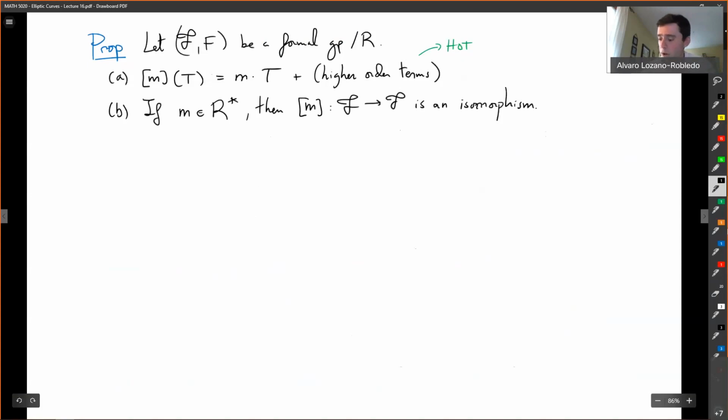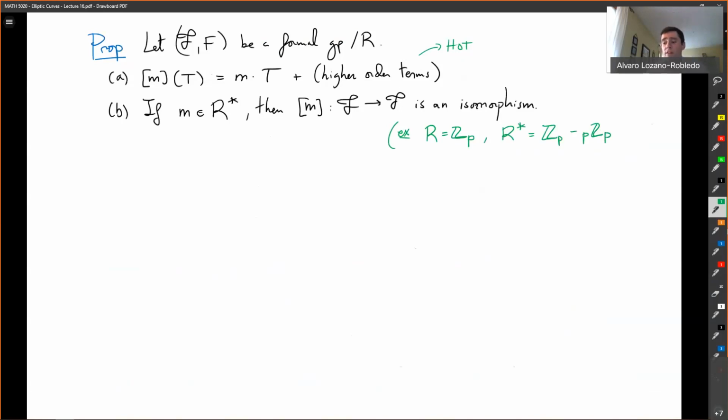Okay. By the way, as an example here, if our ring R is the p-adic integers, then the units are just anything that is not in pZp. So Zp minus pZp is all the units, so everything that is non-zero mod p.